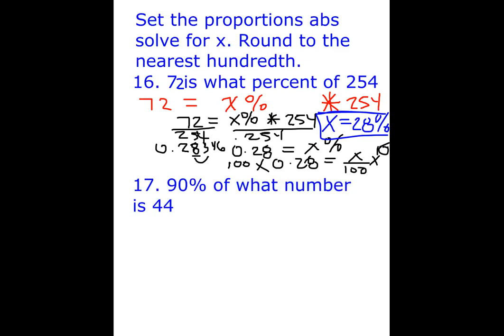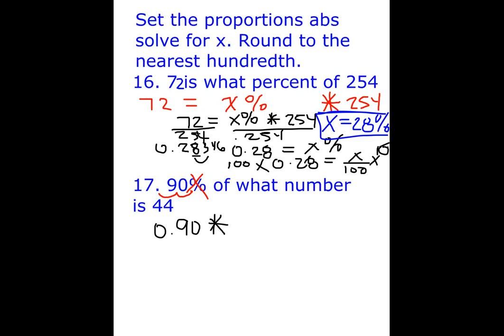So we're going to go ahead and convert this percent into a decimal. So 90%, we get rid of that percent, and we move our decimal 2 spaces to the left, right? So we're left with 0.90.